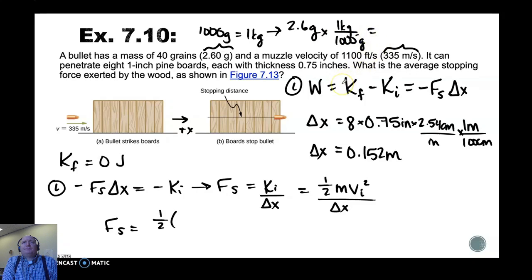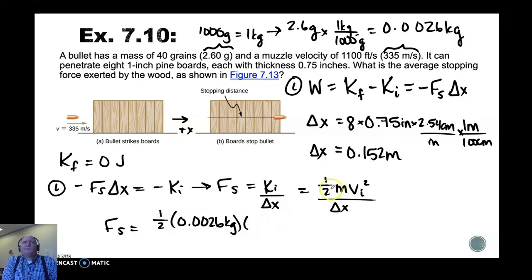Nice. Okay, can do that real quick. 2.6 over 1,000. Love that. Yeah, I love showing that. You've got to grab your calculators. 0.0026 kilograms. Okay, awesome, so we can plug that in down here. 0.0026 kilograms. And you could have left it in a fraction here, it doesn't really matter.